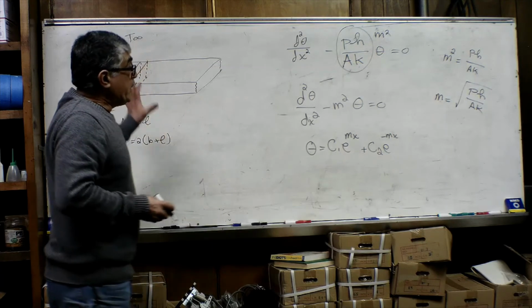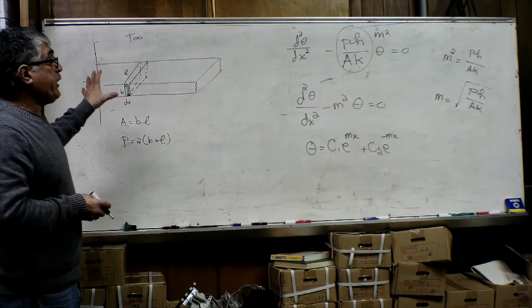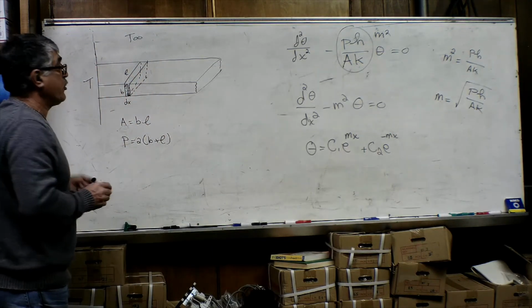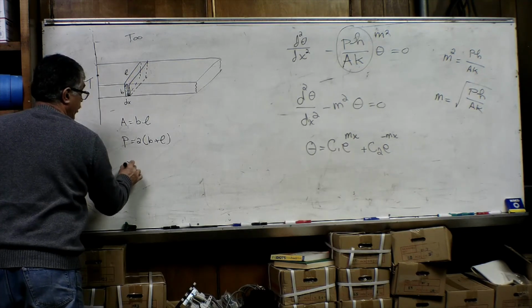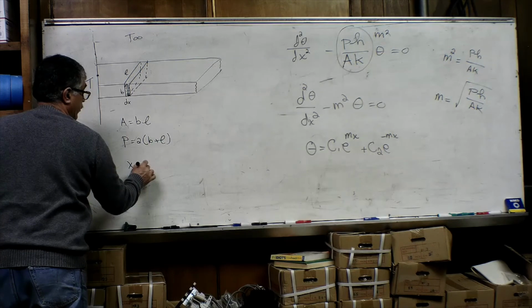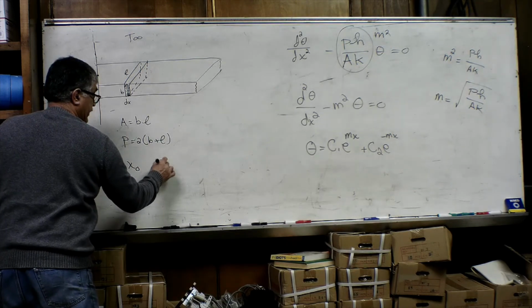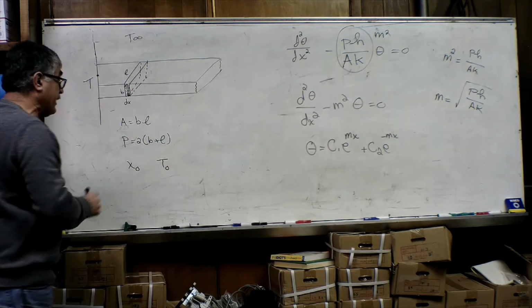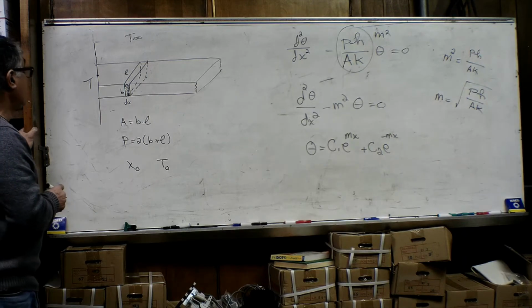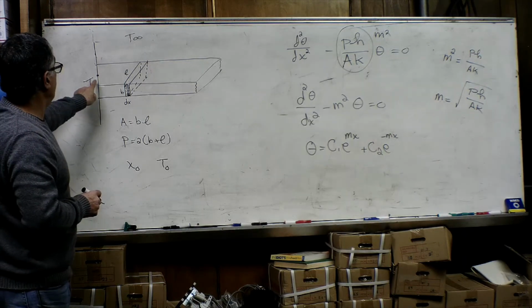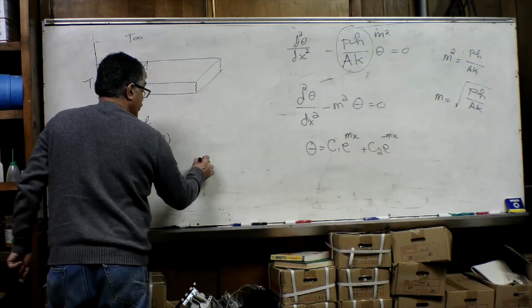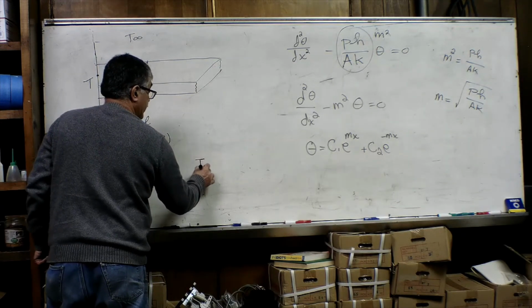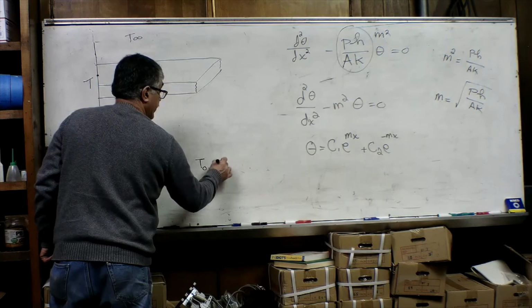Now, if in this case we apply the initial condition, let's say at x equal to 0, our temperature will be T0. If at x equal to 0 our temperature is T0, then our change in temperature will be T0 minus T infinity.